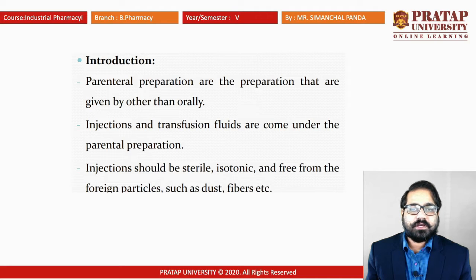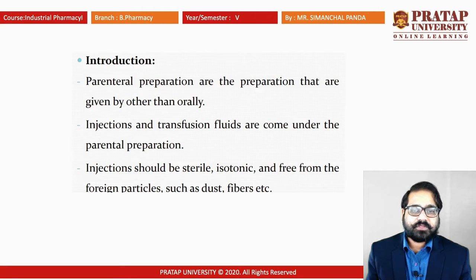Similarly, if non-isotonic solutions are given through the IV route, we can see that the RBCs, if the solution is hypertonic in nature, may start to swell. Otherwise, if it is hypotonic, then the cellular material inside will come out and form a flaccid structure of the RBC.